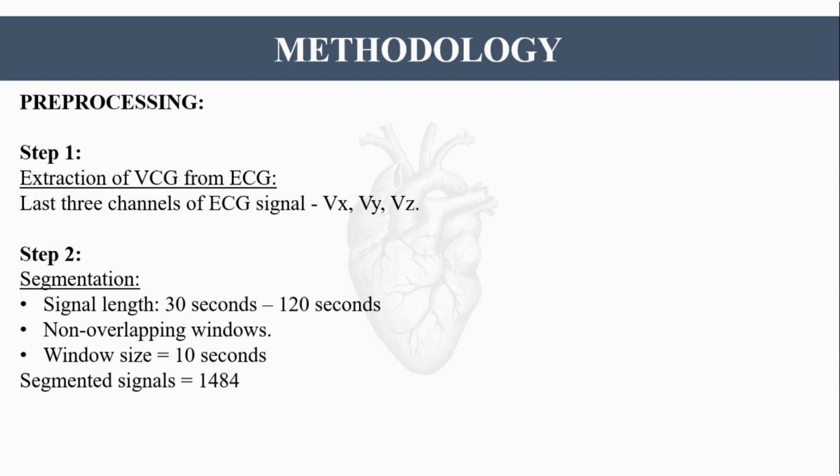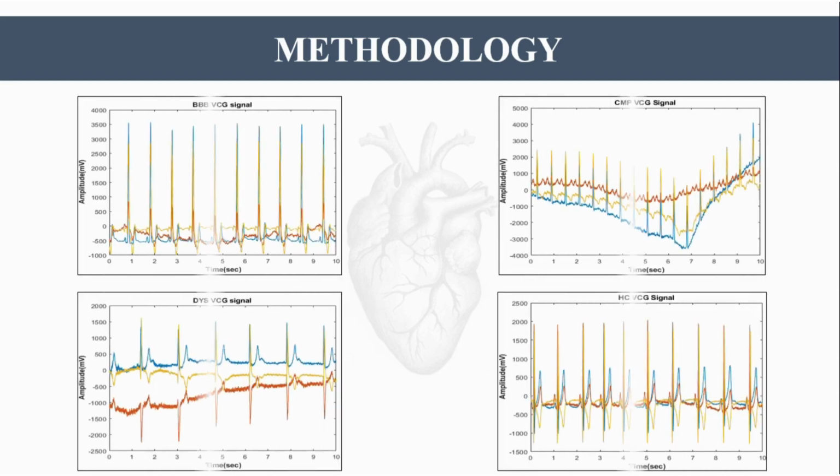Signal length varies from 30 seconds up to 120 seconds, and we have segmented these signals of variable length in non-overlapping windows, with each window having a size of 10 seconds, and the total number of segmented signals is 1484. These are the segmented VCG signals.